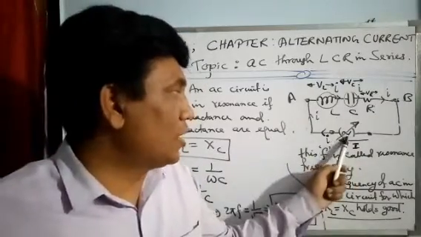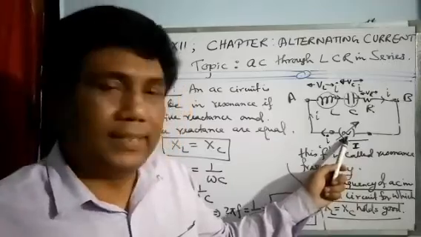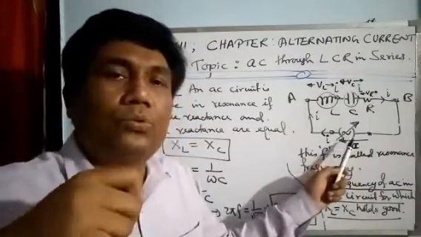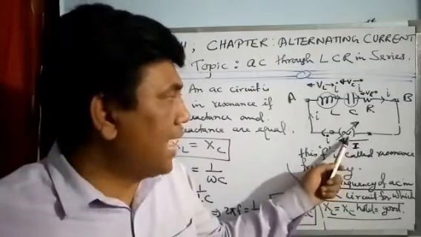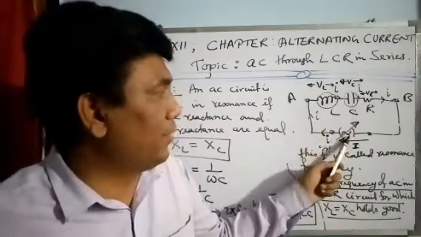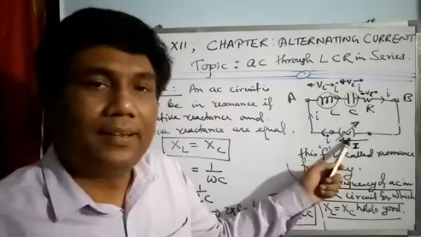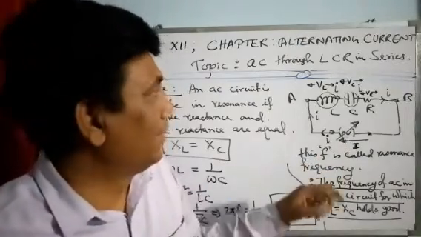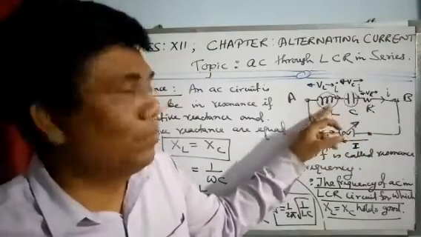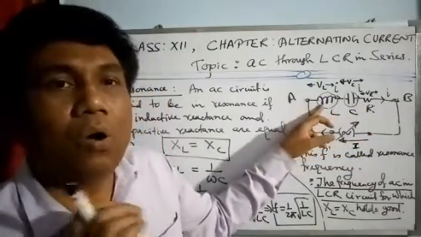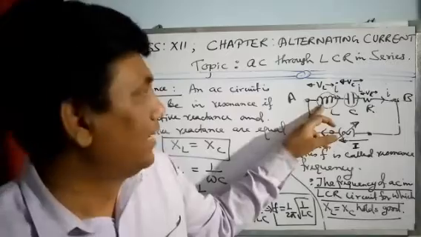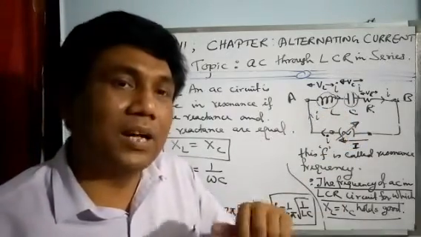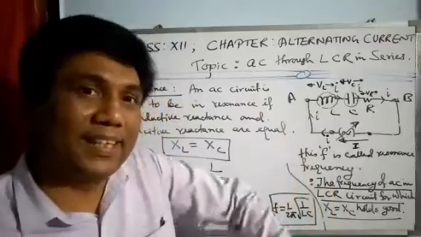When I keep on varying the source frequency, say from 0, 1, 2, 3, 4, as I increase the frequency of the AC, you know that the inductor will start offering more resistance and the capacitor will start offering less resistance.